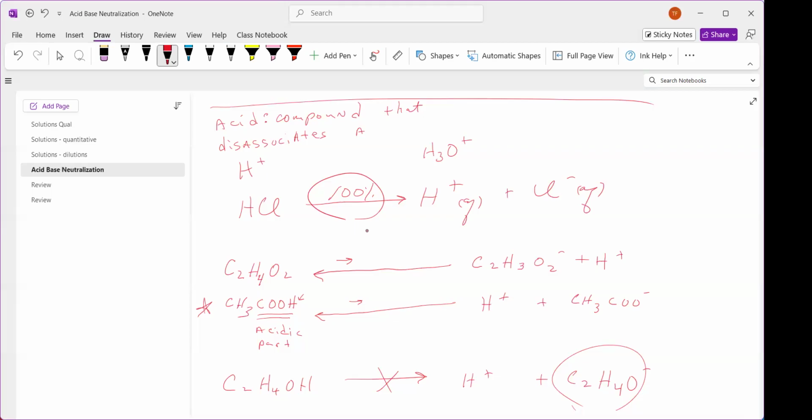But there's citric acid, there's vitamin C. There's a whole bunch of weak acids out there, millions of them. In fact, when you get into biochemistry and carbohydrate metabolism, the first stage of glucose metabolism is called glycolysis. The first thing it does is take glucose and put a phosphate group on it.